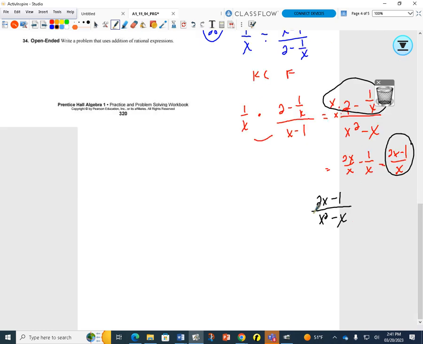So is that what we're going to leave it as? Oh, my answer key does not have this same problem, but I think that is going to be our final answer. Yeah, I think that is our final answer for 28. I don't have an answer key for that one, but I think that that is right.